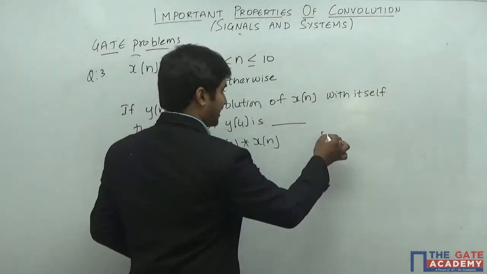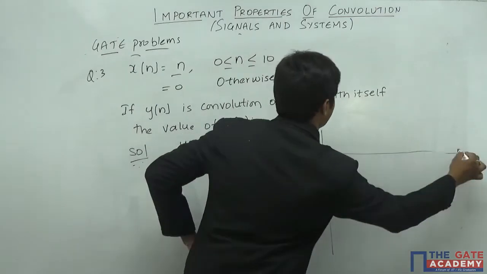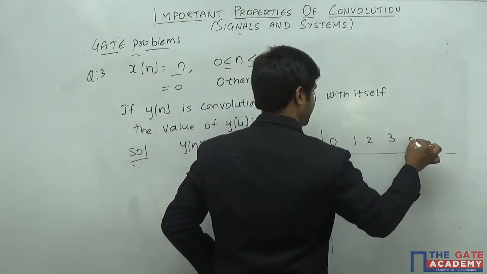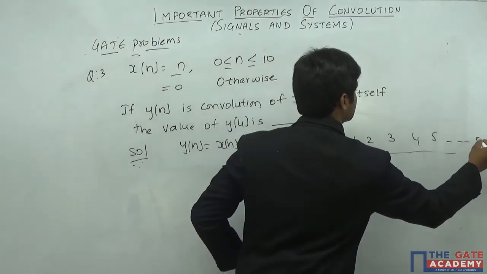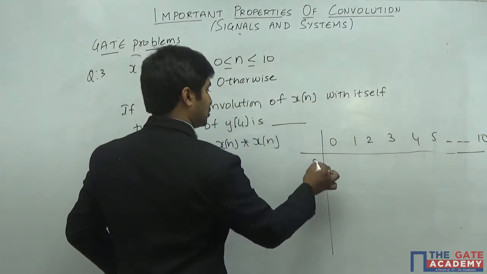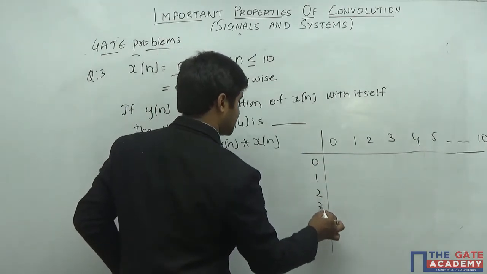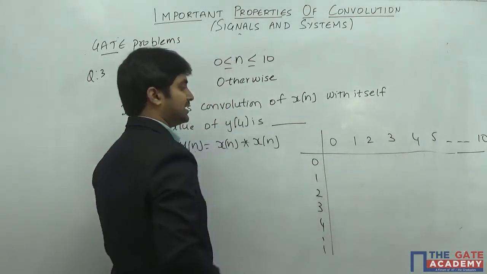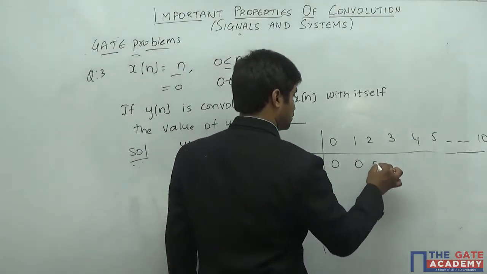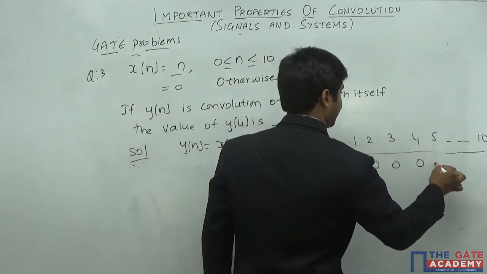So if I directly use the tabular method, I'm going to have 0, 1, 2, 3, 4, 5, and so on till 10 here. This side I'm going to have 0, 1, 2, 3, 4 and so on till 10. I can just do the convolution: 0, 0, zeros.